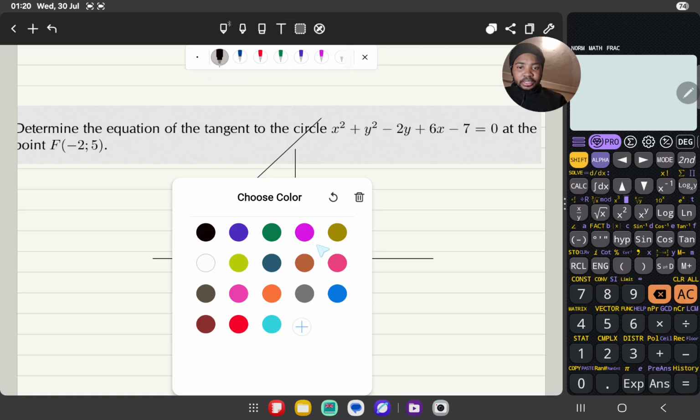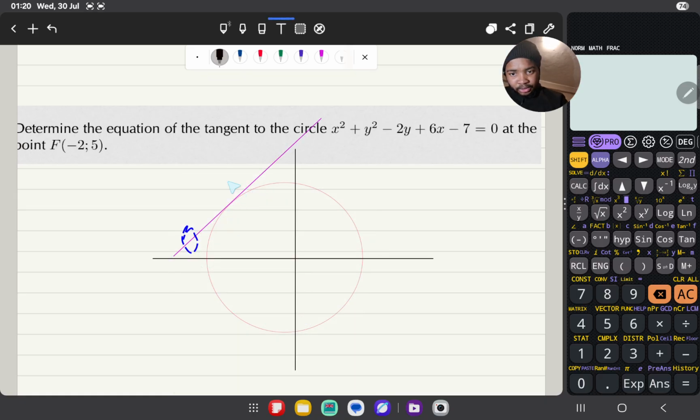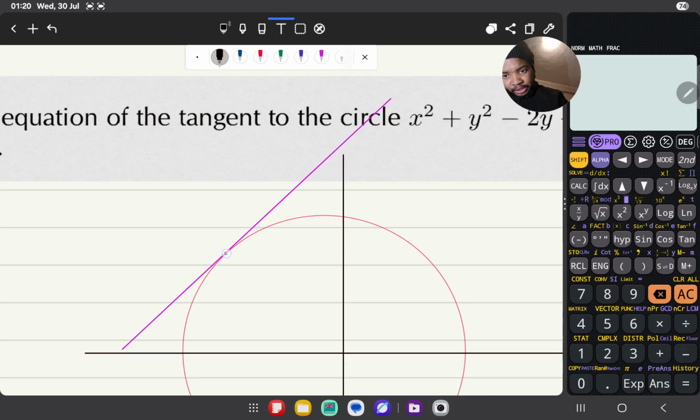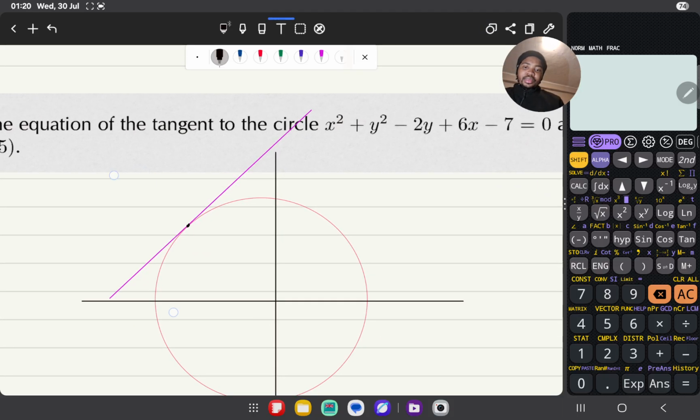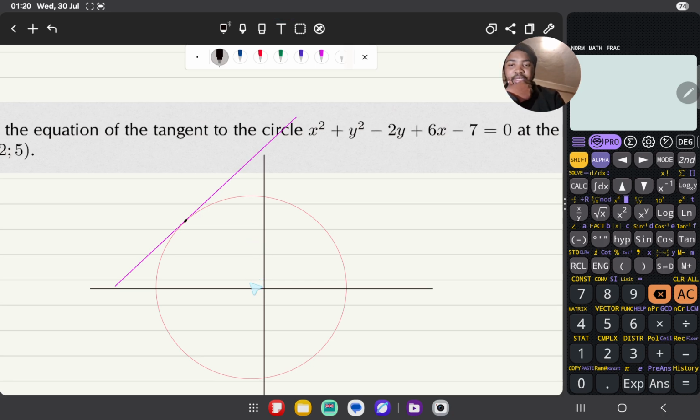This tangent passes through the circle at one point, so it has touched our circle right here. And say right here you have your center.